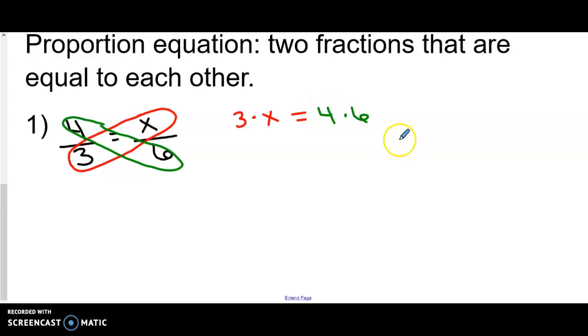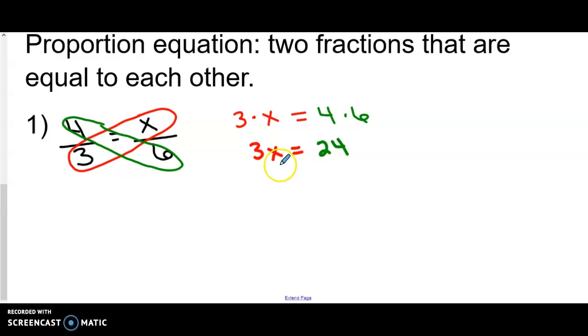Okay. Step 2 is to distribute if necessary, but we don't have anything to distribute here. So let's just go ahead and solve. Let's see, 3 times x is the same as 3x. 4 times 6 is 24. So now to solve this is just a simple one-step equation.